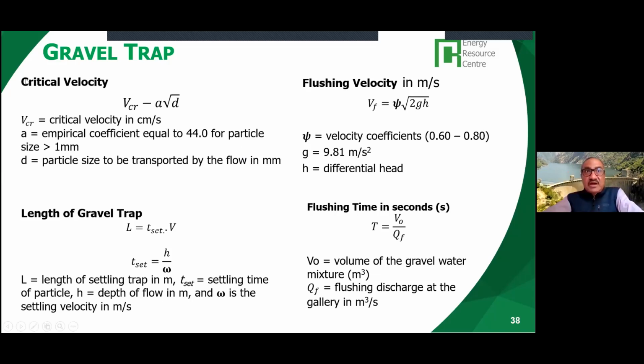And the length of the gravel trap is again decided using a formula, which is L equal to T set times V, and T set is H over W, where L is the length of the settling trap in meters, T set is the settling time of the particle, H is the depth of flow in meters, and W is the settling velocity in meters per second.